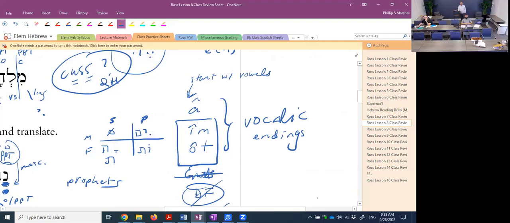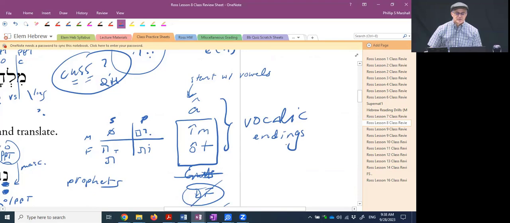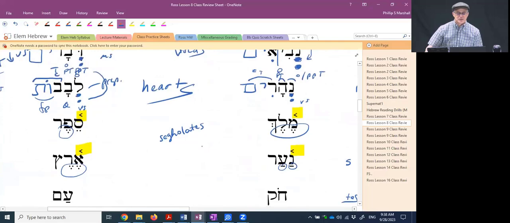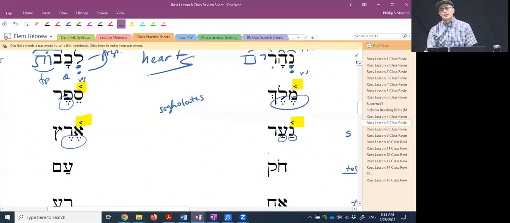And im starts with the vowel hiriq yod, and ot starts with the vowel holam vav. What do these vocalic endings do? They pull the stress to the end. And so these segolate nouns, which are so committed to first syllable stress in the singular, will lose that first syllable stress in the plural, and we're going to stress the ending.